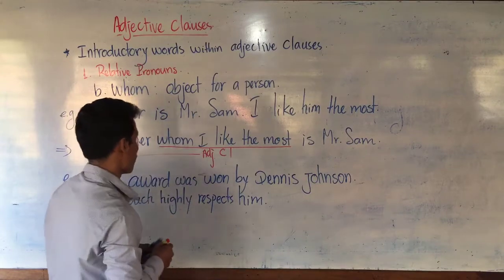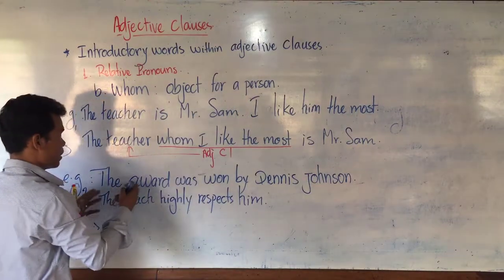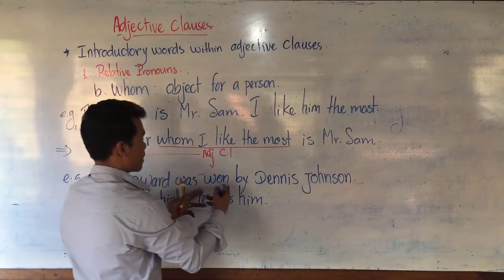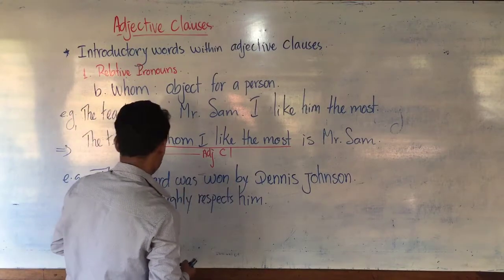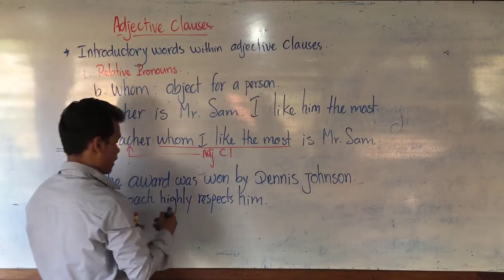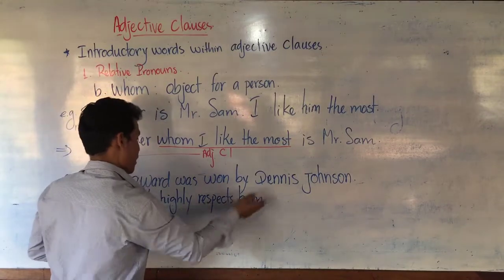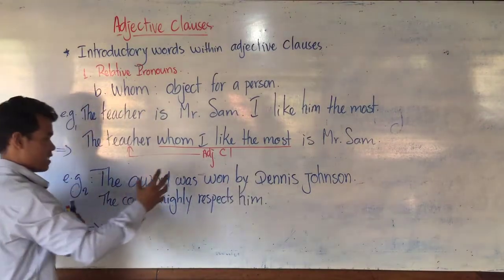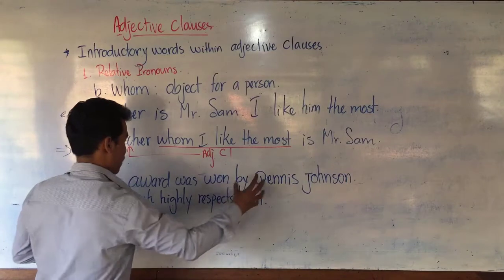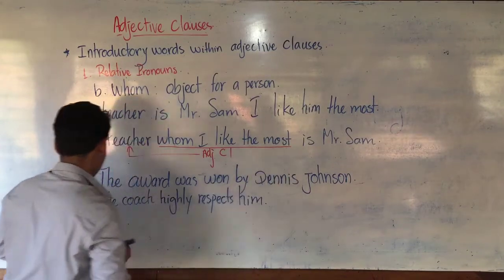Whom is more formal. Number 2, the award was won by Dennis Johnson. The coach highly respects him. So him and Dennis Johnson are the same thing. That's why we use Dennis Johnson as the antecedent.